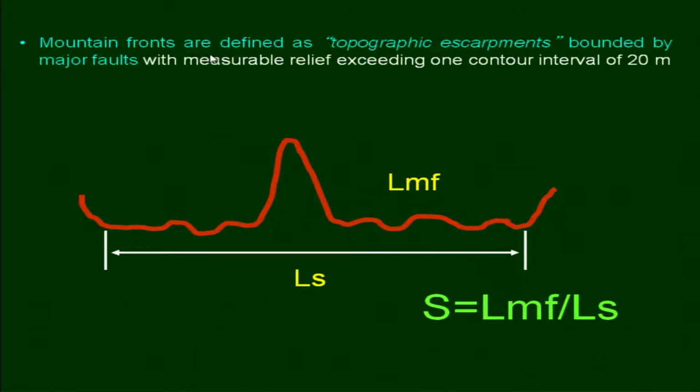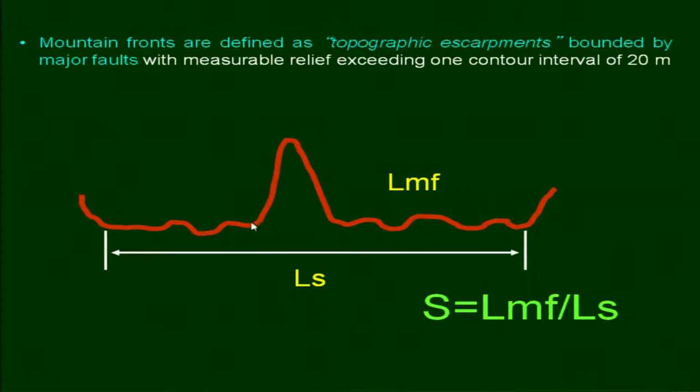Mountain fronts are defined as topographic escarpments bounded by major faults with measurable relief exceeding one contour interval of 20 meters. So, you have the 20-meter contours close to the front. If it exceeds one contour interval of 20 meters, then you can consider it a mountain front.